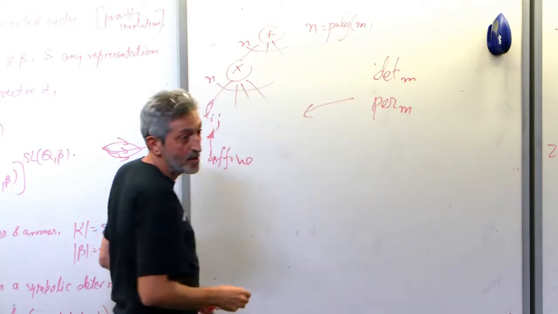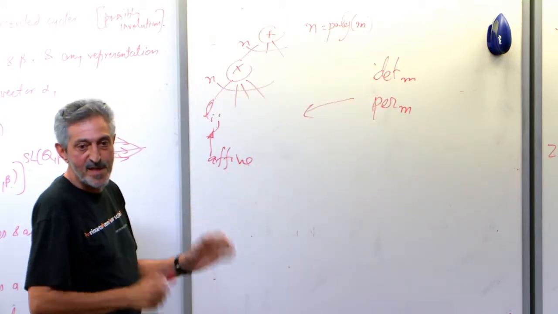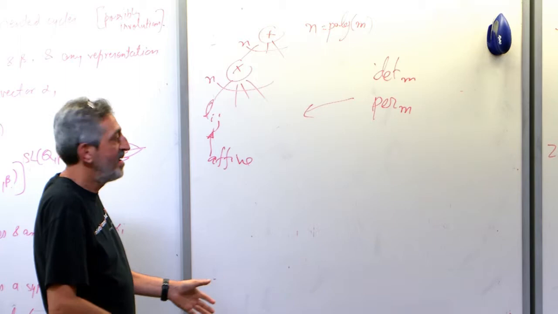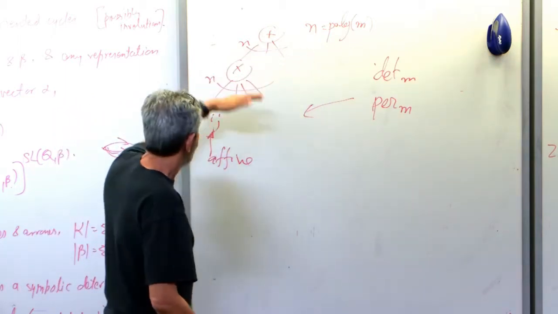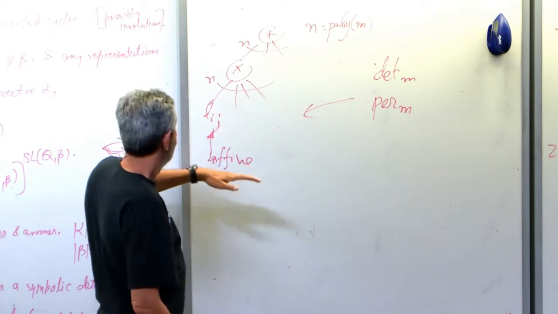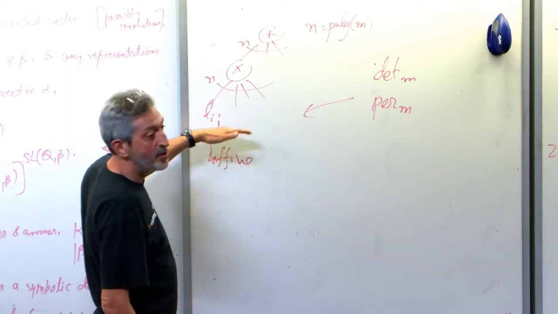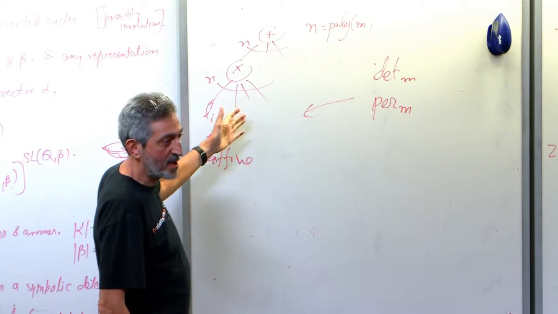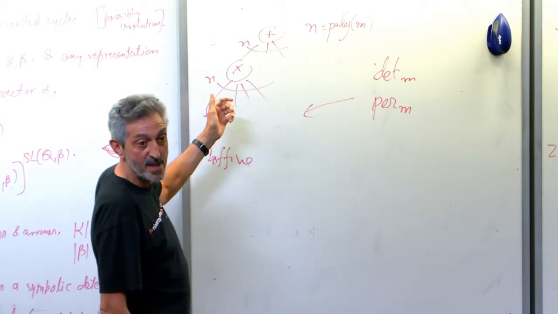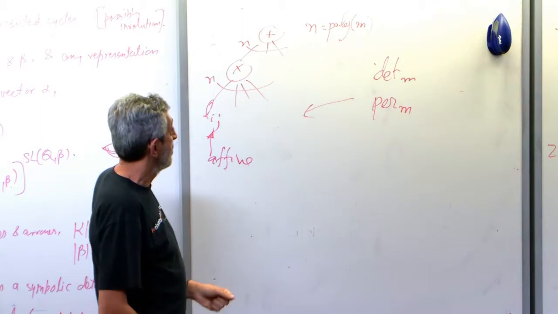As far as we know, you can compute determinant and permanent just by a formula of polynomial size of depth 3, which looks like this and just has affine forms in the variables. It's outrageous, and we should prove that that's impossible. We don't know how to.